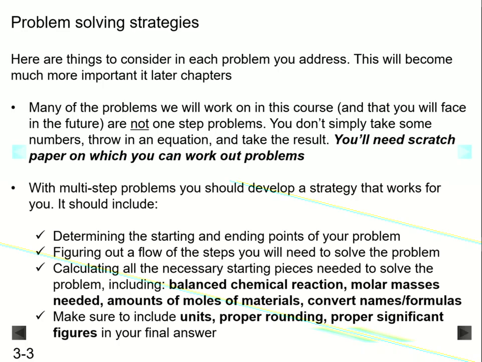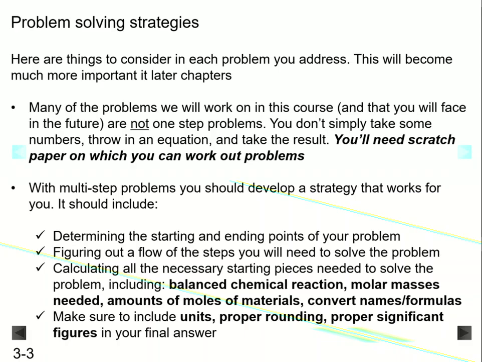Whenever you're doing these calculations, you're going to want to make sure that the first thing you do is you balance the chemical reaction for the process that you're looking at. And you're very likely going to need to calculate molar masses, amounts or moles of materials, and sometimes you'll convert to grams, and you're going to want to convert names and formulas.